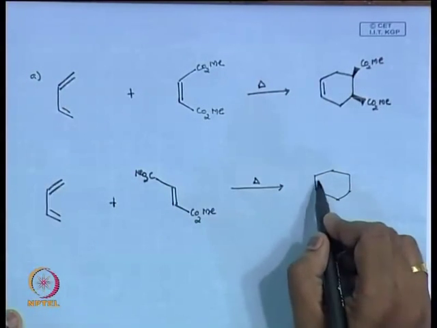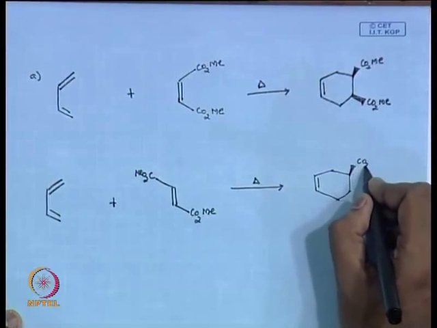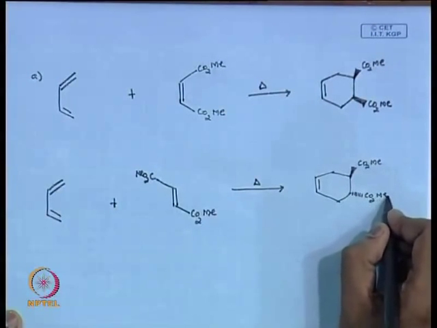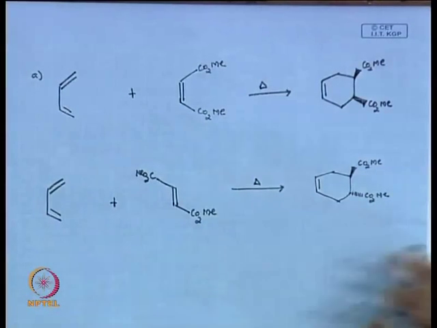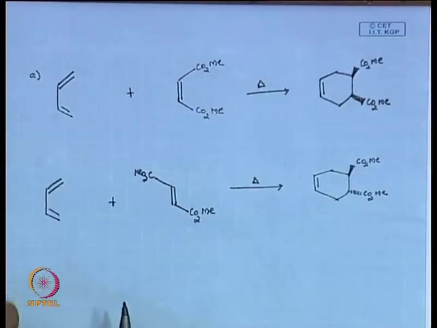So, you end up getting, see this, that is why it is very important that you think about the facial selectivity when you write Diels-Alder reaction. Reaction is very stereospecific, right. So, you get one type of product. That is your first selectivity about your Diels-Alder reaction, facial selectivity. Now, what we will do is that we will slowly get into your second selectivity, that is your exo-endo selectivity.